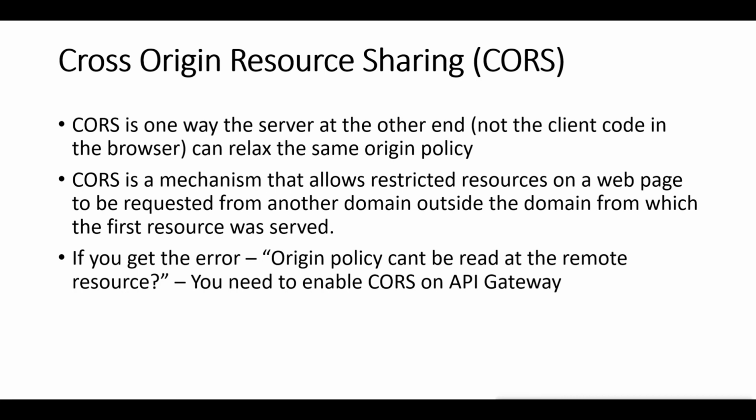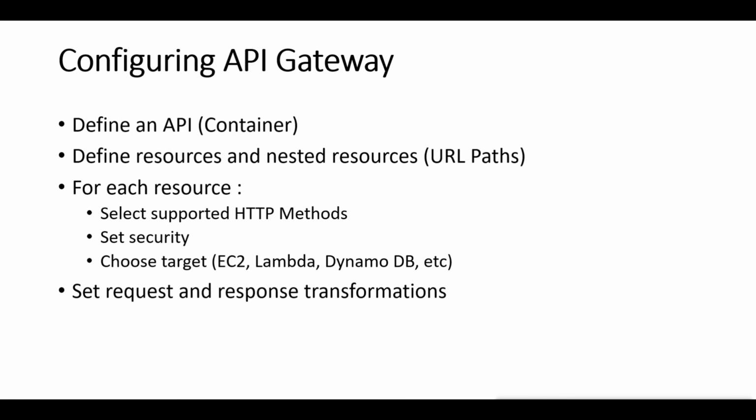CORS is a mechanism that allows restricted resources like fonts on a web page to be requested from another domain outside the domain from which the first resource was served. If you get an error like origin policy cannot be read at the remote resource, you need to see whether CORS is enabled on the API gateway or not.